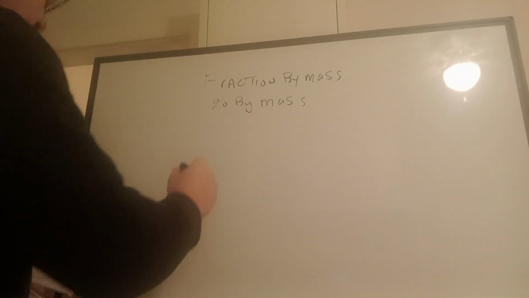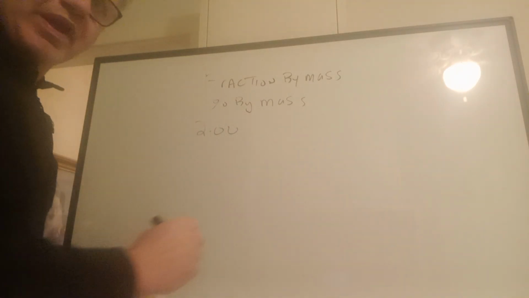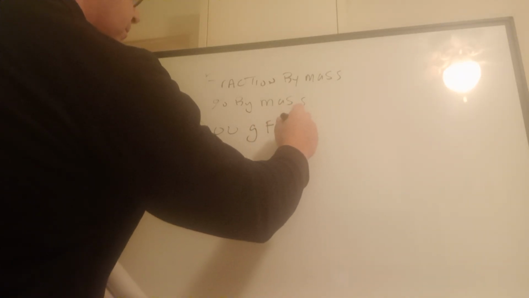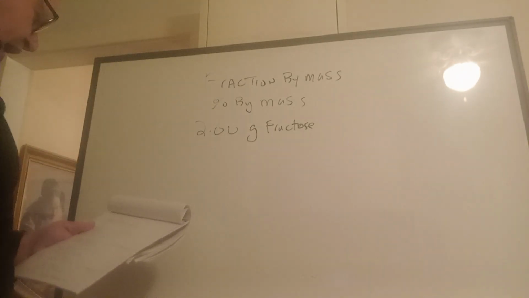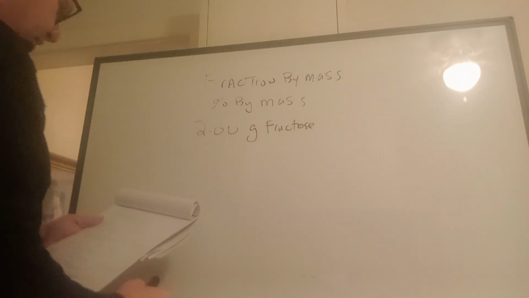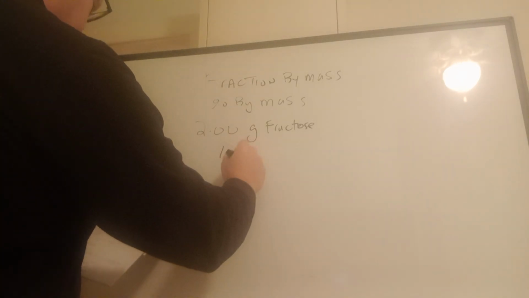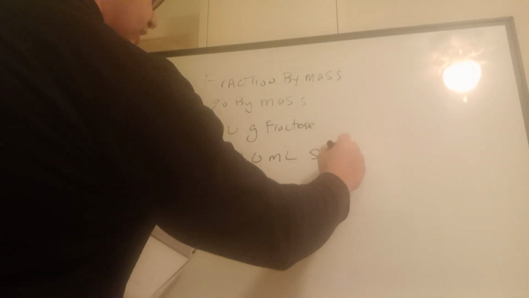So we can have, let's say for example, 2.00 grams of fructose. Used the sugar before. And let's say we have 100 milliliters of solution we make out of it, in the aqueous phase.